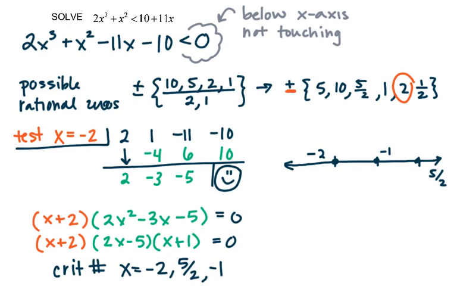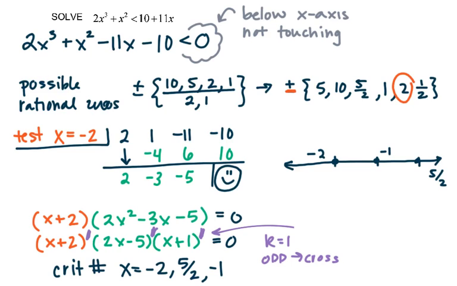And then also thinking about multiplicity, each of these factors, where those values came from, each of those factors have a 1 as their multiplicity. That's the exponent on each factor. And k equals 1 is an odd multiplicity, which lets us know that we're going to be crossing at all of those zeros.